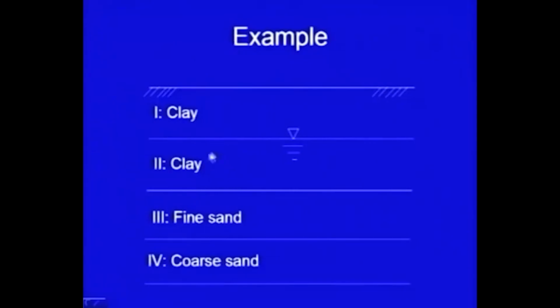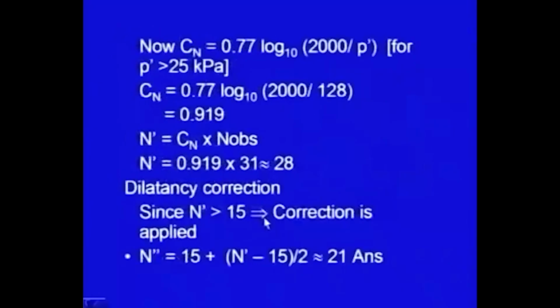Remember, gamma 2 here has to be taken effective, total minus gamma W, and then the third layer. Here you have to take gamma 3 H3, and gamma 3 again will have to be taken effective because it is under water.